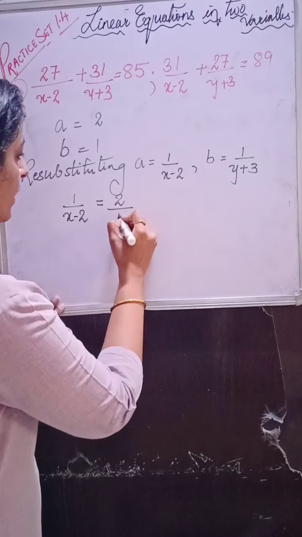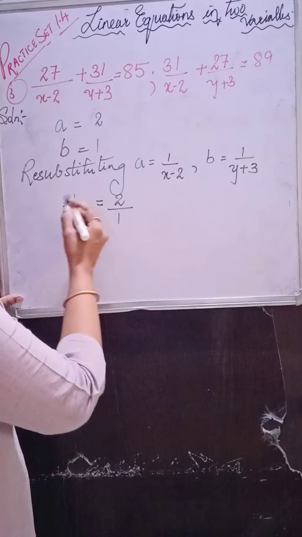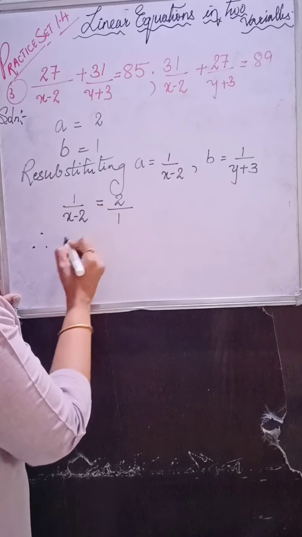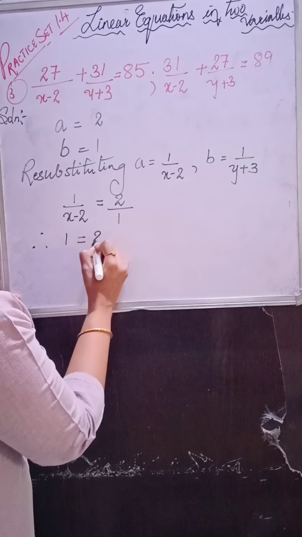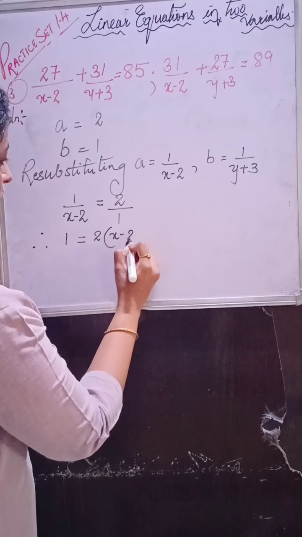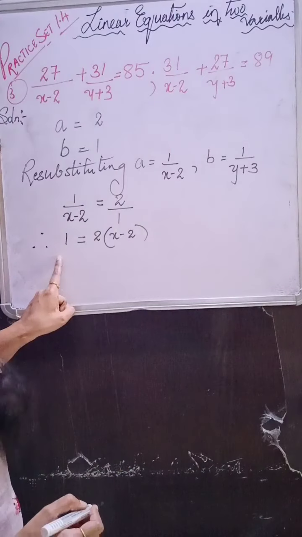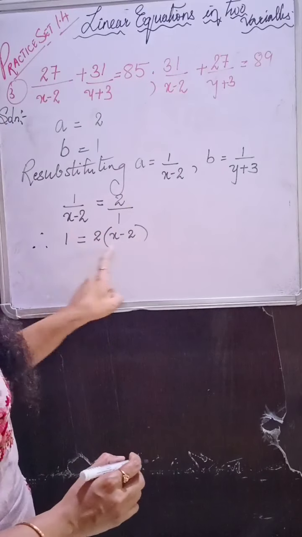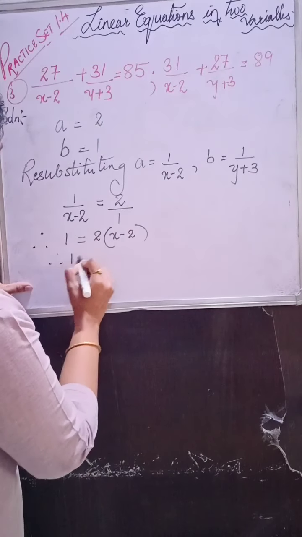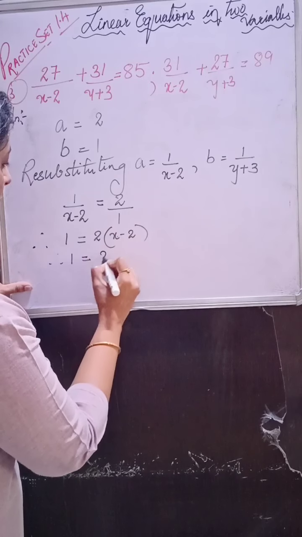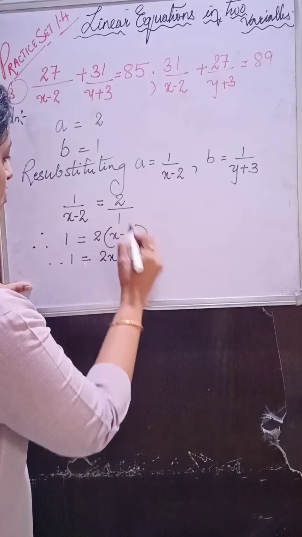Go for cross multiplication. So therefore 1 into 1 is 1, equal to 2 into x minus 2. Open the bracket: 2 into x, 2x, minus 2 twos are 4.